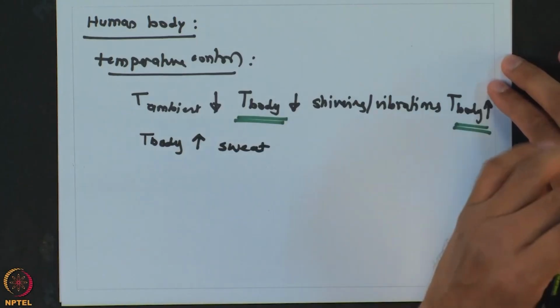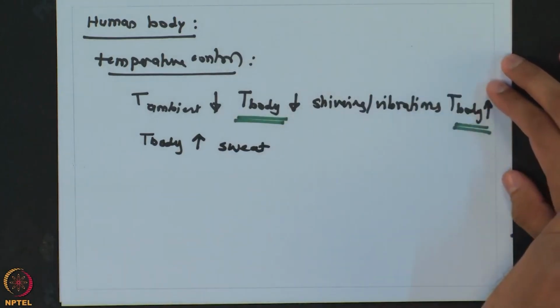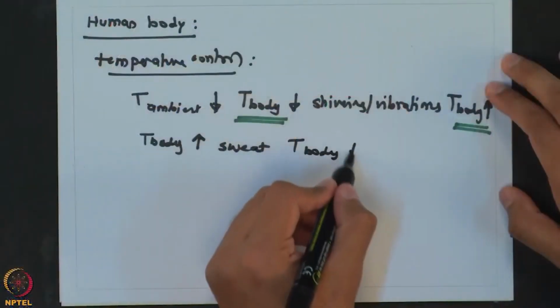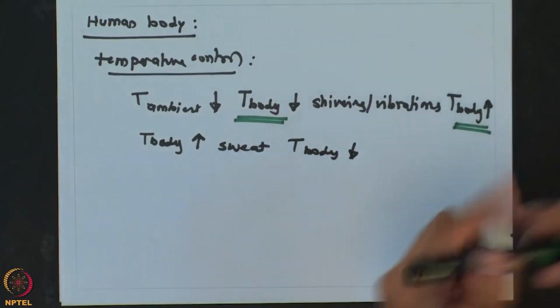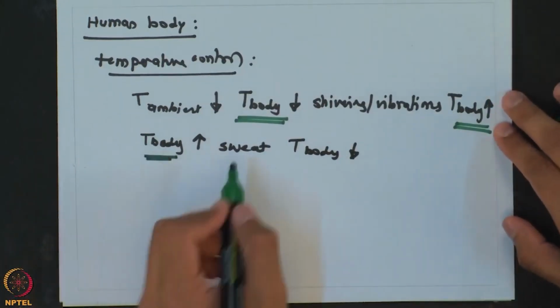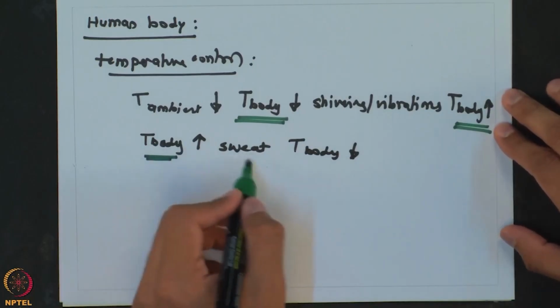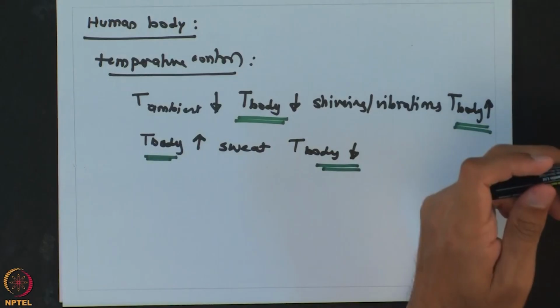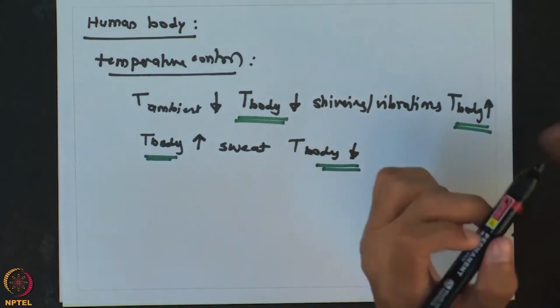Because of sweating, there is a phase change, and it is going to take the internal energy inside the body to cause that liquid to go out of your body, and because of that the internal energy of the body decreases, and this results in the reduction in body temperature. So again you can see that an increase in body temperature caused some feedback action inside the body, which resulted in reduction in the temperature. So human body temperature regulation is an excellent example of feedback control.